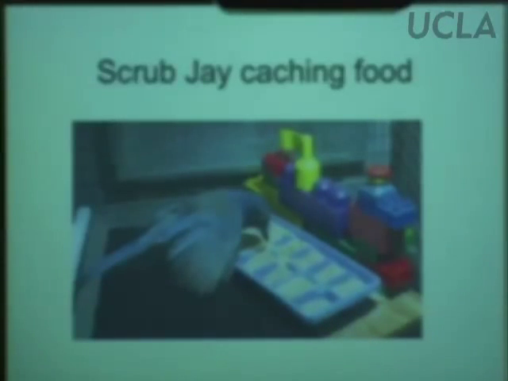They actually put in a new cleaned ice cube tray with brand new sand with no food in there, and they just measure where the jay goes in order to see where its memory is for that particular food. Okay, so that would be the test. So let him cache, have some delay, bring him back, and see where he goes for the food.